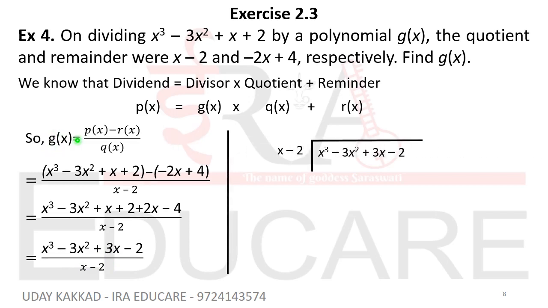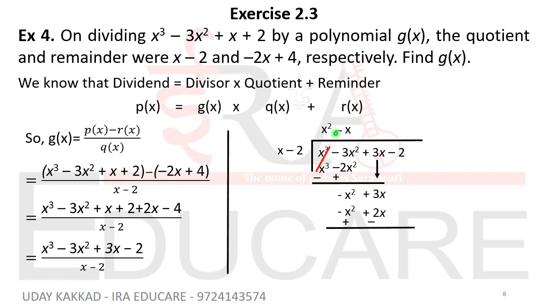So if you divide this and find the quotient, this is your g of x, right? So now try to divide it. Divide first with x square, so multiply with x square. So you get x cube minus 2x square, right? Change the sign, x cube gets cancelled, and at the end you get minus x square, 3x comes down, the same sign minus, multiply by x, because if you multiply with x you get x square, minus 2 times minus is plus, so plus 2x, right?